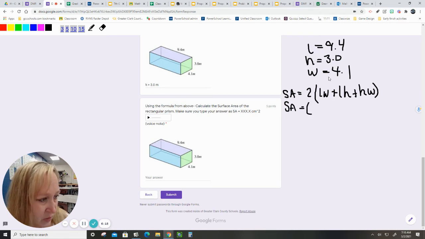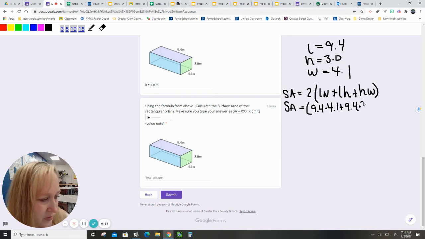And then you solve. So L is 9.4 times W is 4.1 plus 9.4 times H, which is 4. Nope. H is 9. Nope.